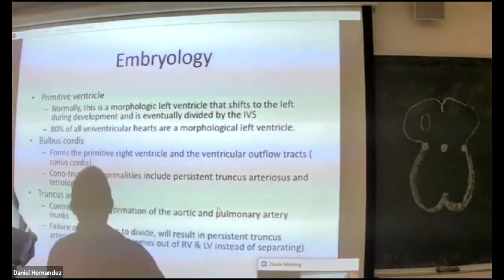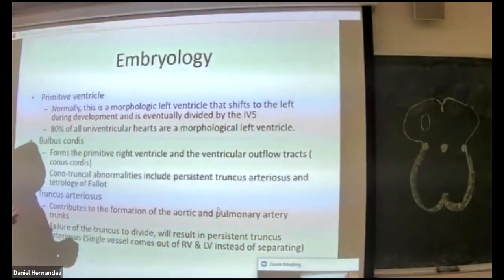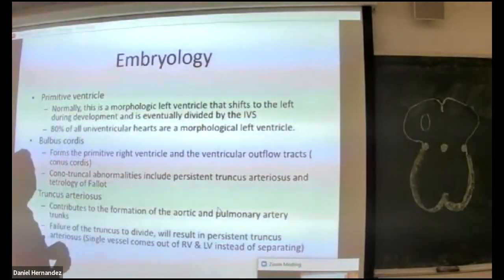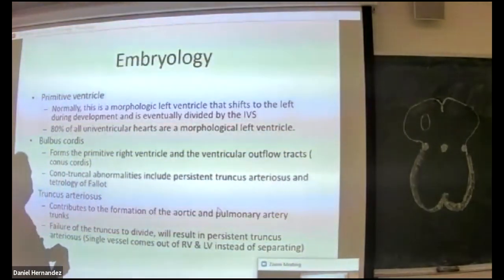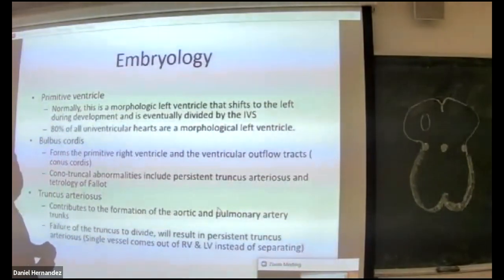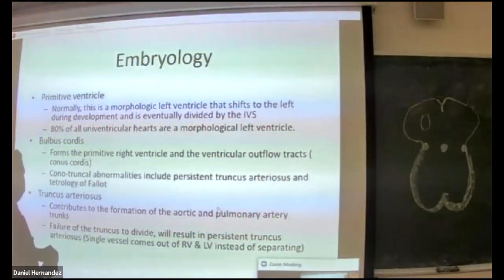Now we have the primitive ventricles. Normally, this is a morphologic left ventricle that shifts to the left during development and is eventually divided by the intraventricular septum. 80% of all univentricle hearts are a morphological left ventricle.